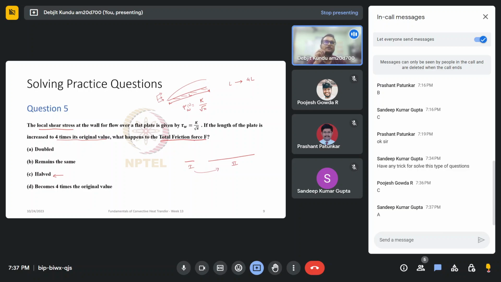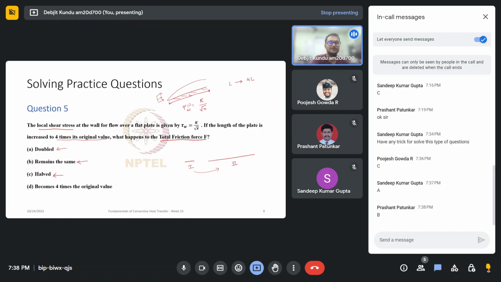Do you think the total friction force would be halved going from 1 to 2? That is, the bigger plate would have a lower total friction force. Okay, we have another 2 responses, one saying it should be A, another saying it should be B. So pretty divided crowd over here.